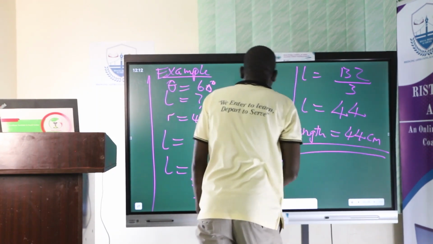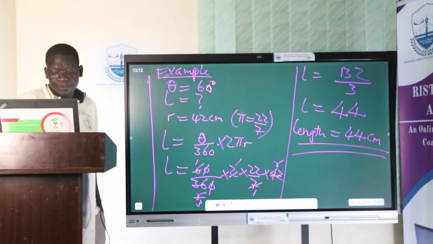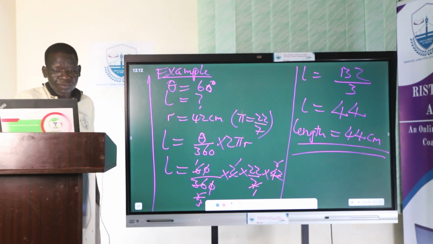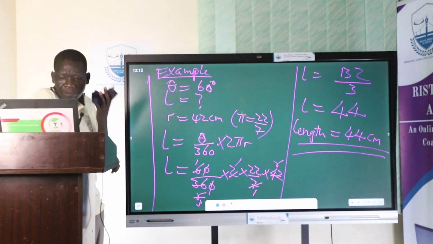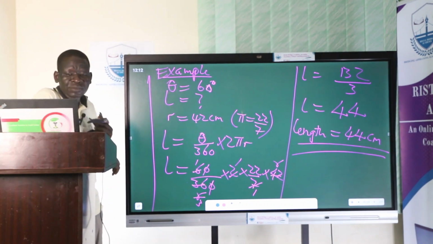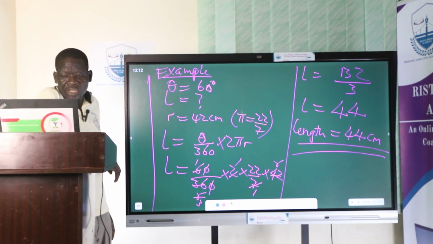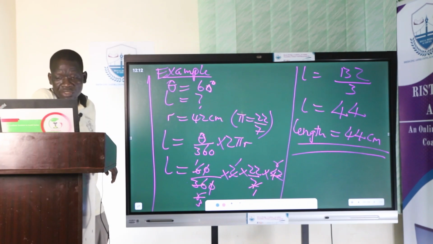We look at example 2 on how to find the length of an arc, which says the length of an arc of a circle is 62.8 centimeters. Find the radius of the circle if the arc subtends an angle of 144 at the center.